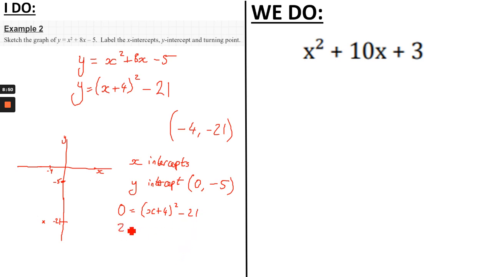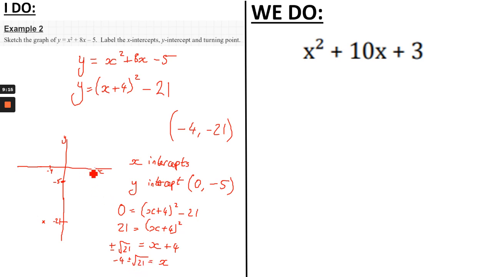If you add 21 to both sides, you've got 21 equals x plus 4 squared. If you square root both sides, this is where you get your two answers. It's plus or minus the square root of 21 equals x plus 4. And then you subtract the 4. So x is equal to minus 4 plus or minus the square root of 21.